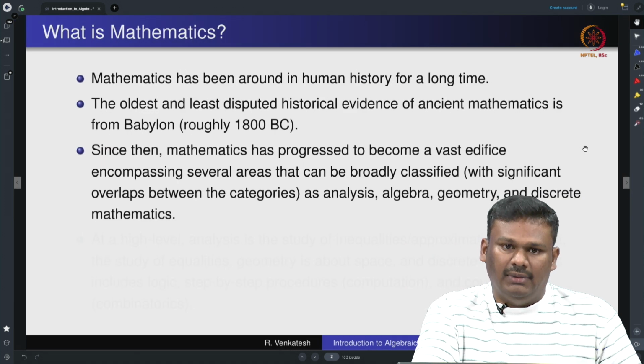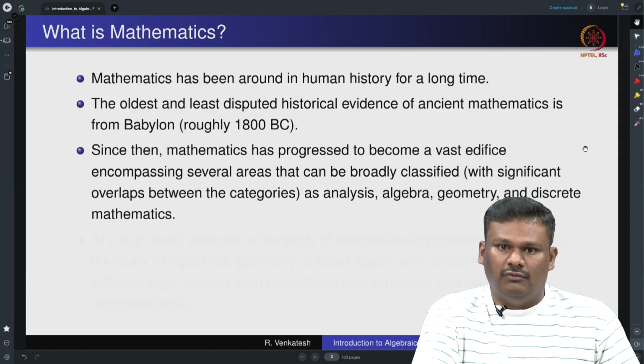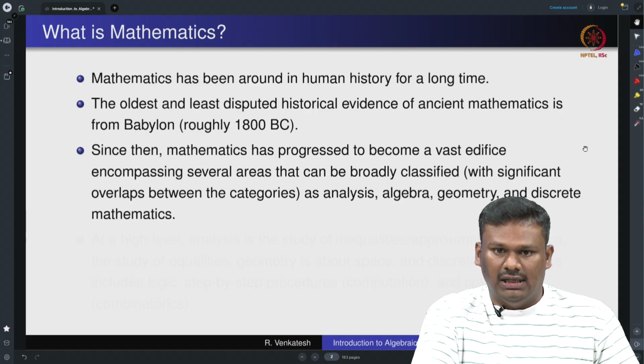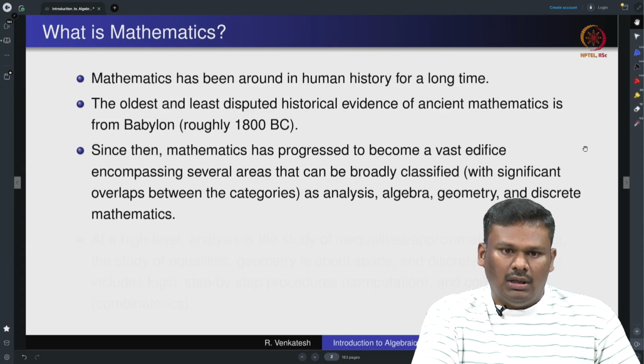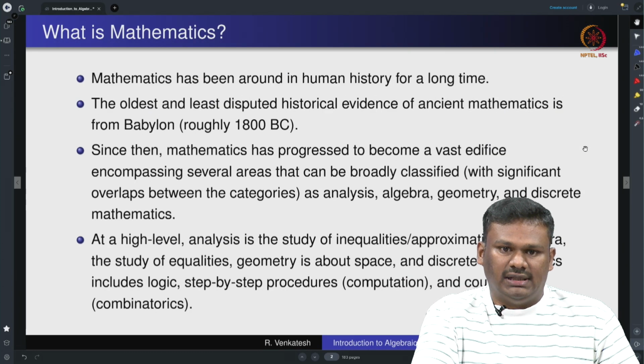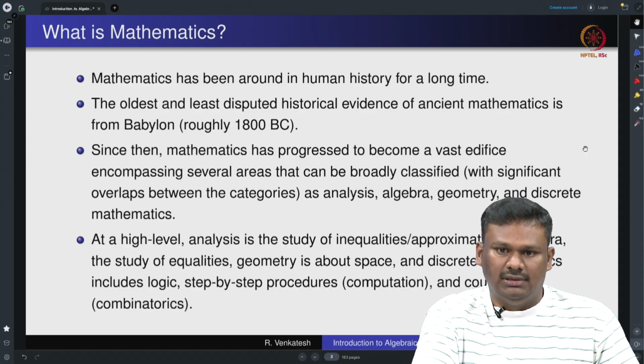Since then, mathematics has progressed to become a vast edifice encompassing several areas that can be broadly classified as analysis, algebra, geometry and discrete mathematics. Of course, there are significant overlaps between these categories. At a high level, what is analysis? Analysis is the study of inequalities and approximation.